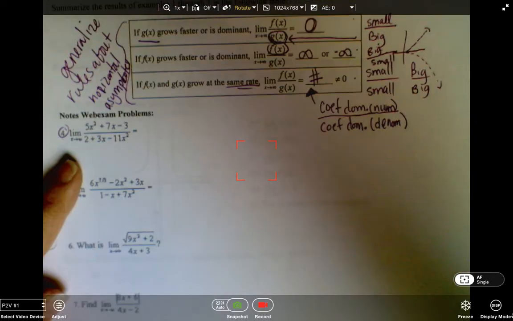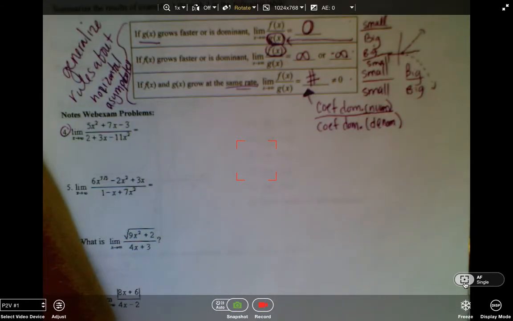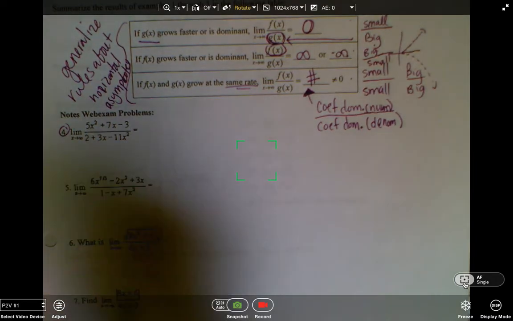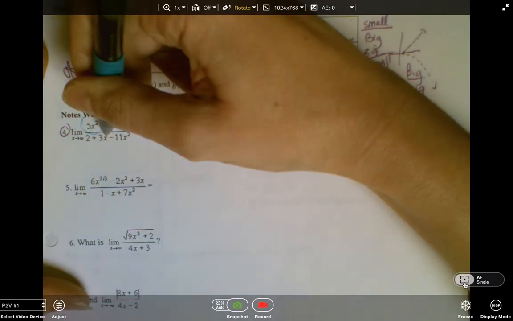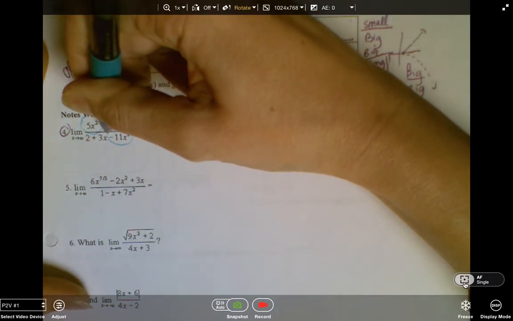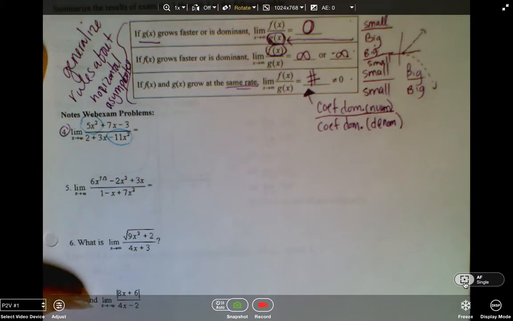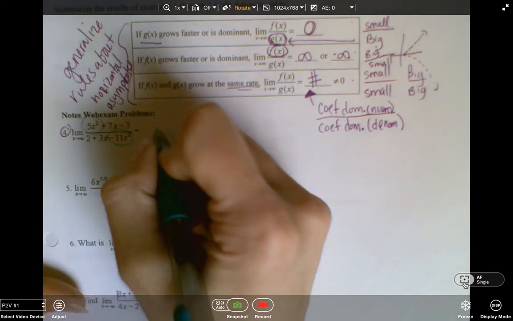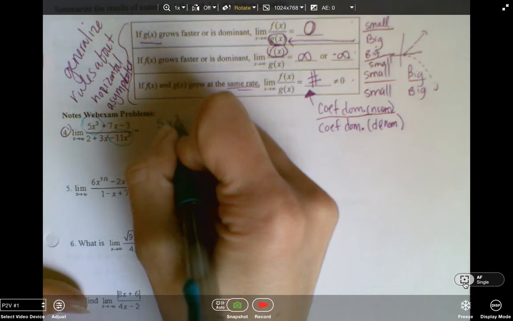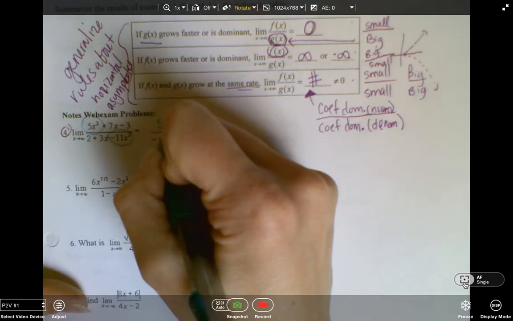So the first thing we're going to do is circle, in the numerator and in the denominator, our dominant terms. So 5x squared over negative 11x squared.